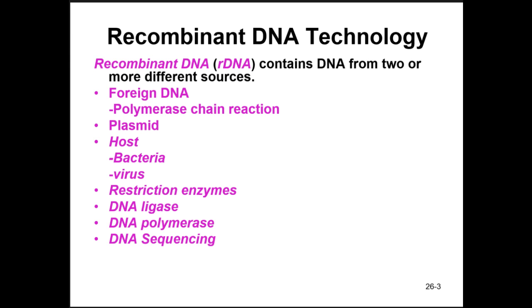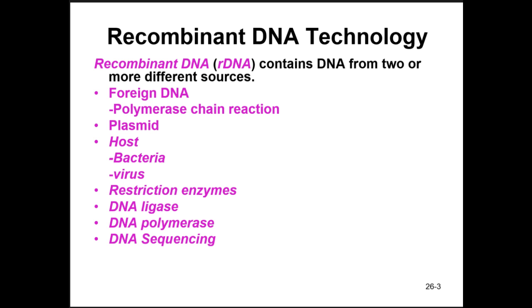So some tools used in making a recombinant DNA molecule include foreign DNA, which can sometimes be amplified through the polymerase chain reaction, plasmids, which are small circular pieces of DNA often found in bacteria, hosts, such as bacteria and viruses for propagating the plasmid in the recombinant DNA, restriction enzymes, DNA ligase, DNA polymerase, which are used for making the recombinant DNA molecule, and DNA sequencing, which is often used to check the nucleotide sequence of the recombinant DNA molecule when it's made.